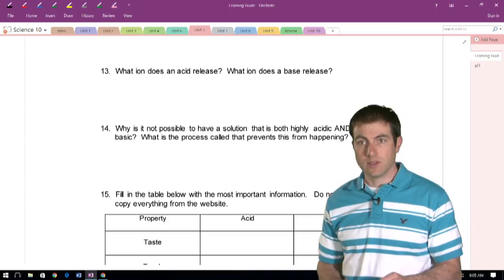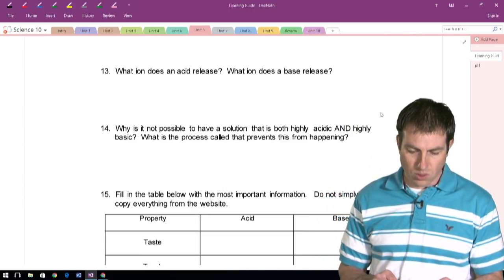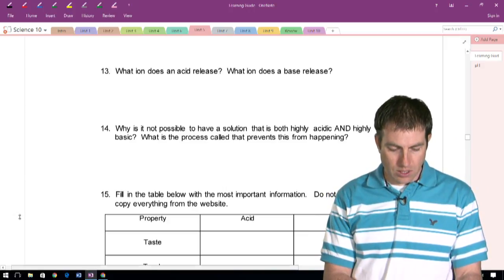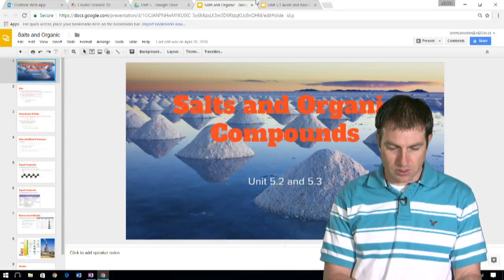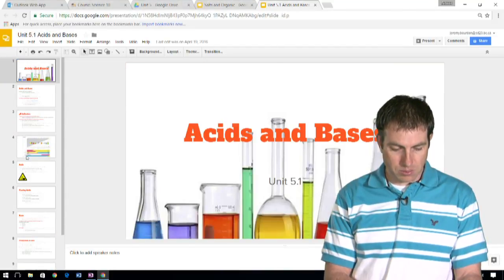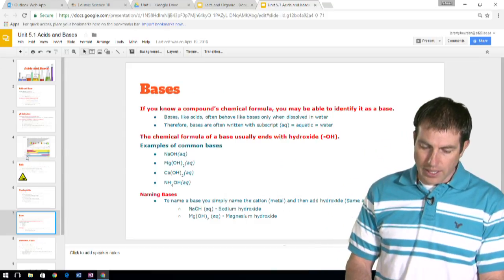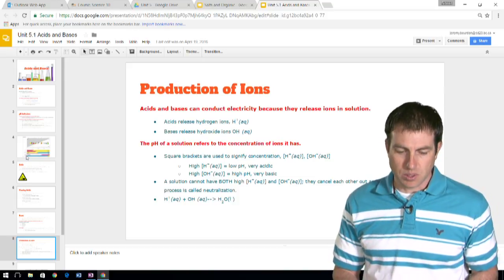Okay, so the ions that these things release. So in the notes, acids are acids because they have that hydrogen in them, and bases are bases because they have hydroxide.